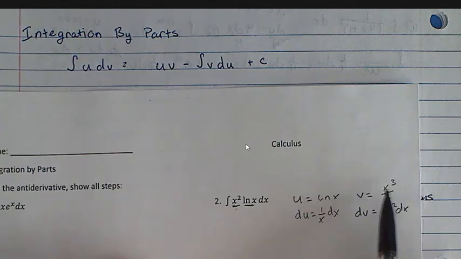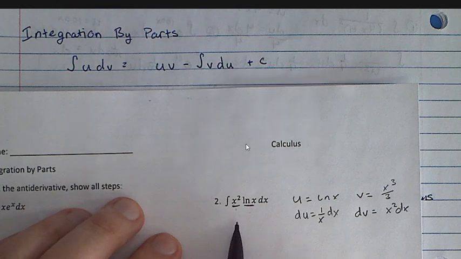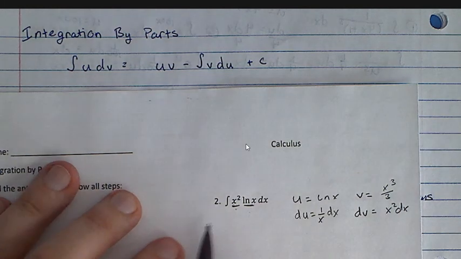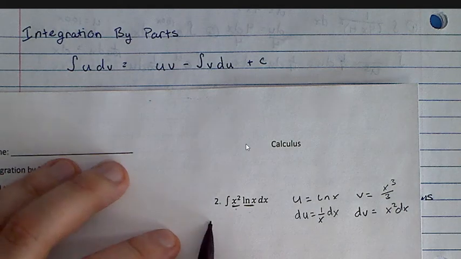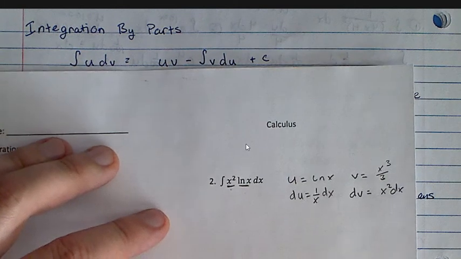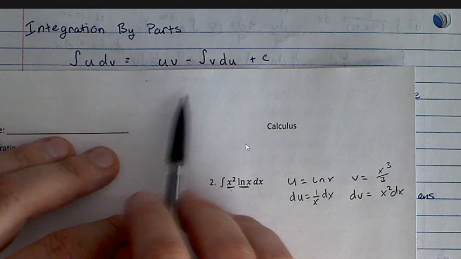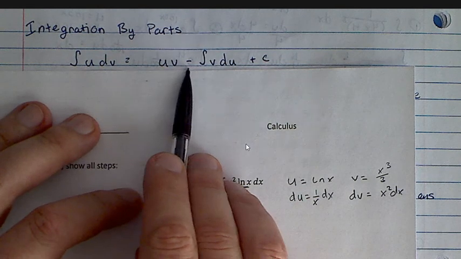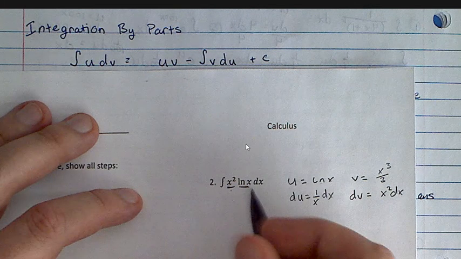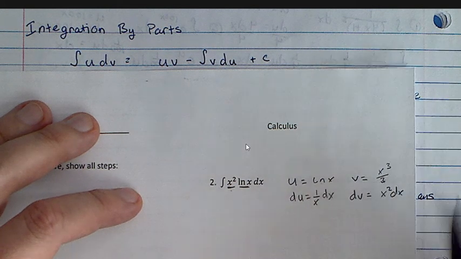Okay, sweet, this is going to work out. I like it when things work out. Over here, we're going to do uv minus the integral of v du. So uv is going to be ln x times that. I'm going to do the v first, just because I like having the x first.